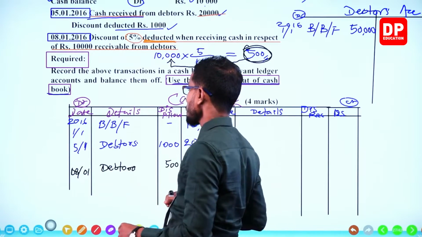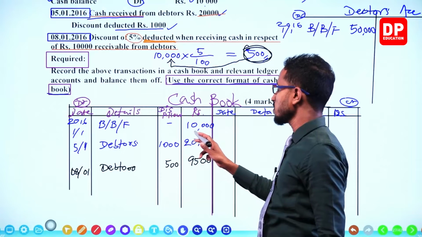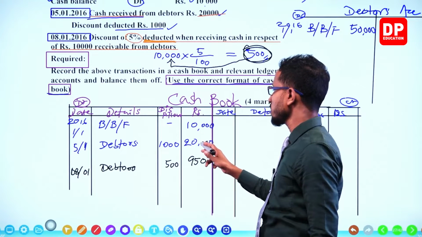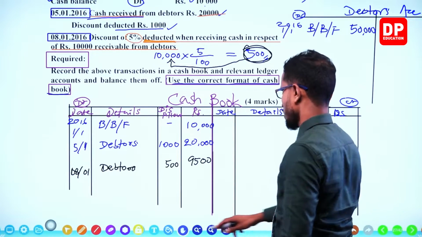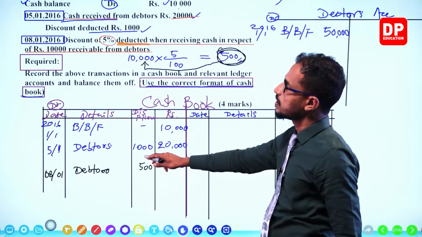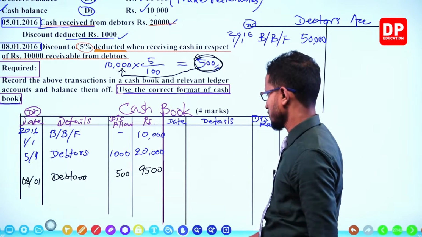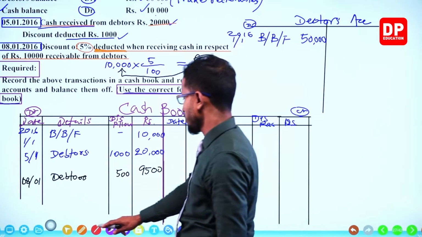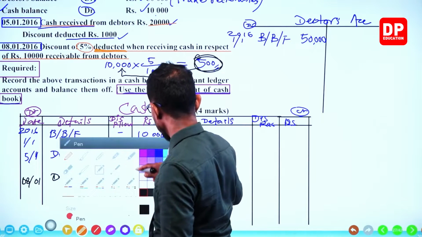Right. So debtors debited in cash book, 1,000 discount, 20,000 in the debit side of the cash book. Okay, debtors debited in the cash book.